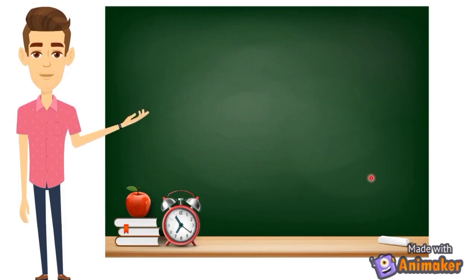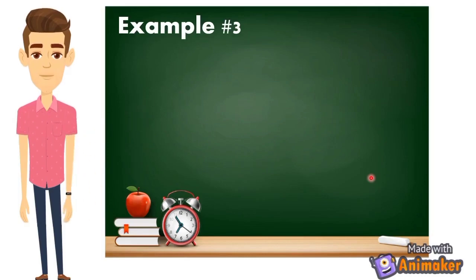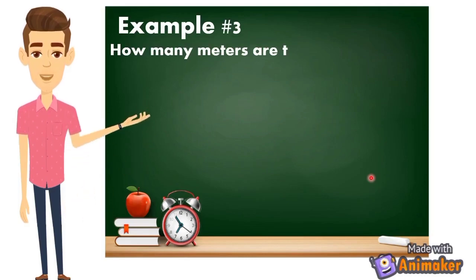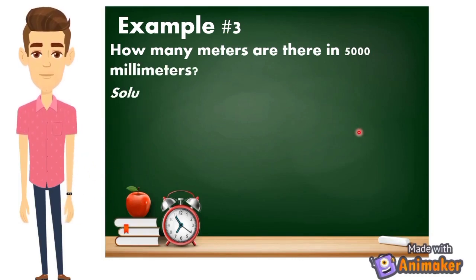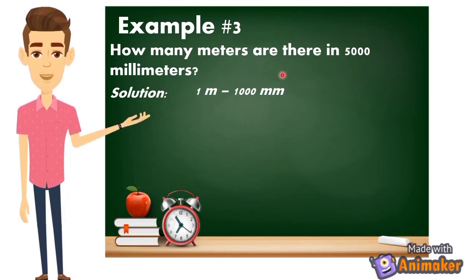Next, example number 3. For example number 3, how many meters are there in 5,000 millimeters? For the solution, again, lagi nating tandaan that in 1 meter, laging meron tayong 1,000 millimeter. Again, in 1 meter, meron tayong 1,000 millimeter.